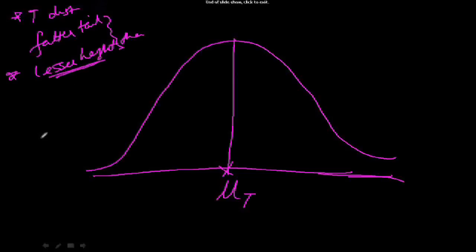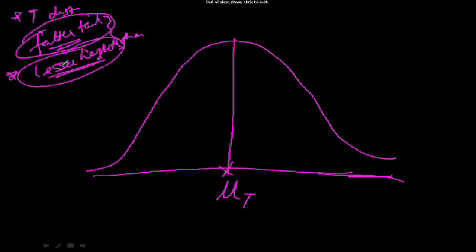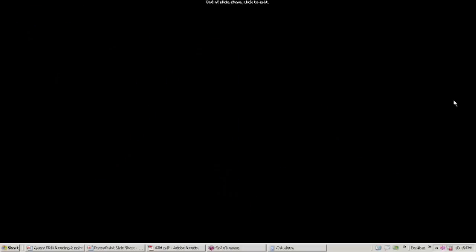Remember that when we did kurtosis, we said that a leptokurtic distribution will have a fatter tail and higher height. Here, what I am saying is that the T distribution has lesser height and a fatter tail than a normal distribution. So let us try to create this. It is a combination of lepto and platy.